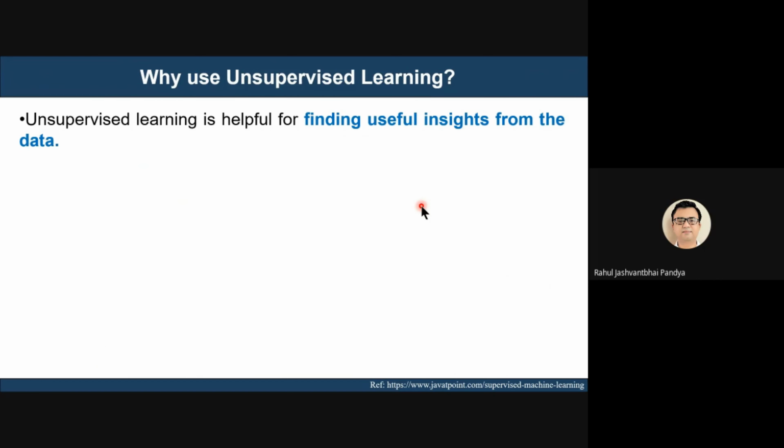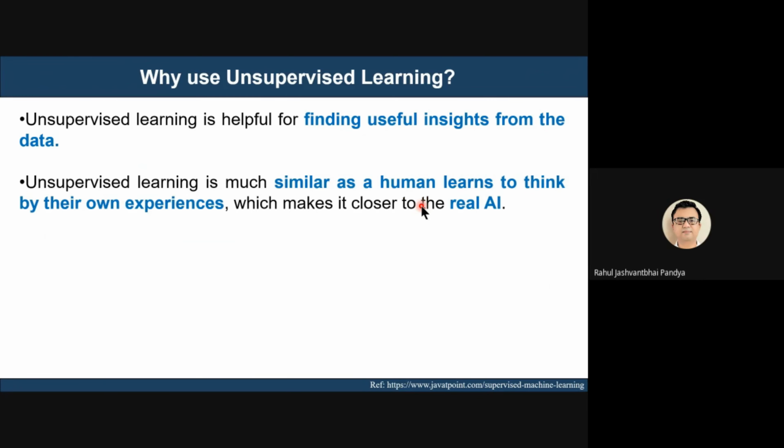Why do we use unsupervised machine learning? Unsupervised machine learning is generally helpful in identifying the insights from the data and identifying the patterns. It's more or less similar to how humans learn to think from their own experiences, so it's nearer to real AI.